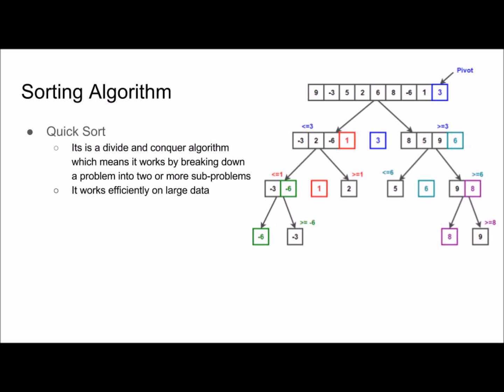It then continues the same steps on those smaller and larger elements by creating pivots until sorted. Quicksort is very efficient on large data and also small data, so it is one of the fastest sorting algorithms.